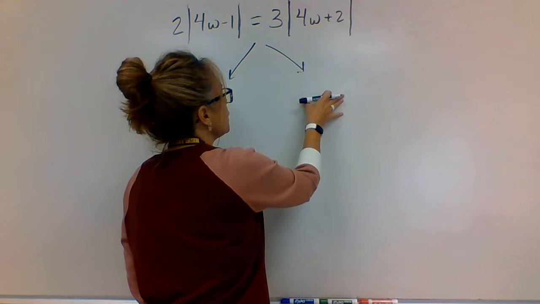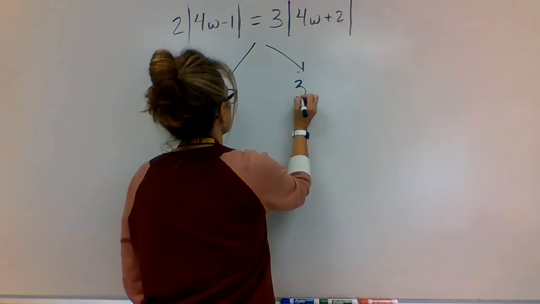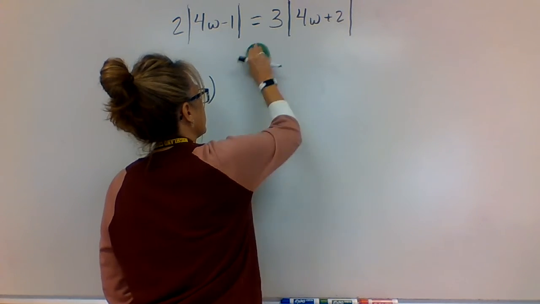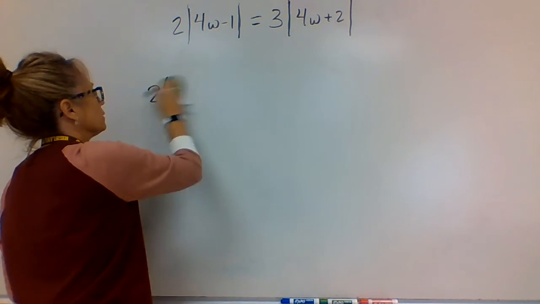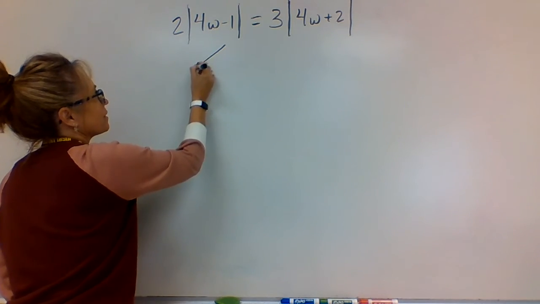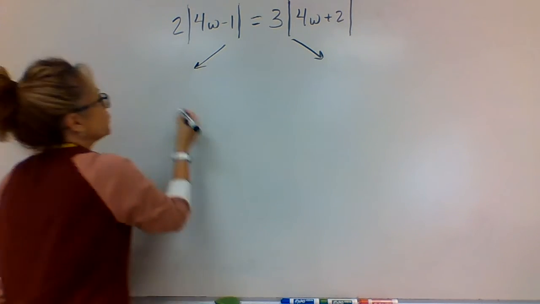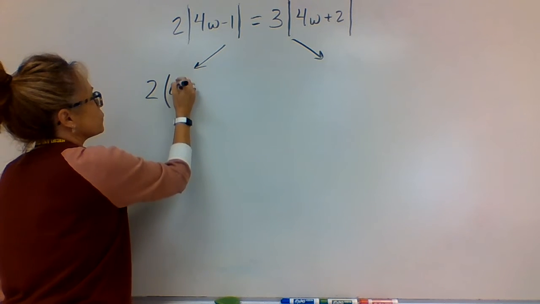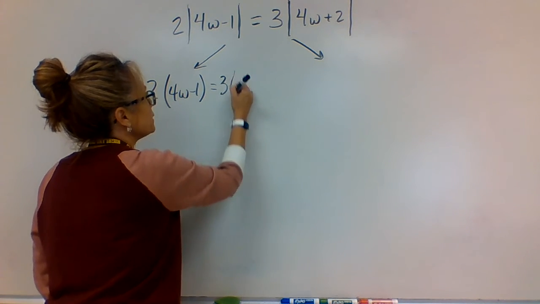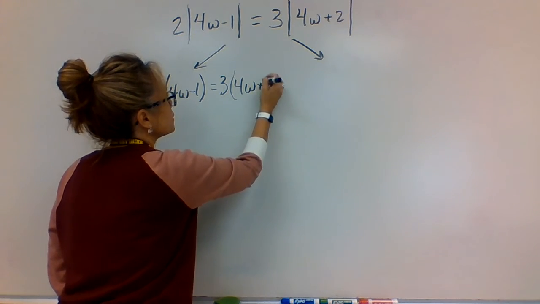Let me draw that a little better, because they take up a lot of room. 2 times 4w minus 1 is going to equal 3 times 4w plus 2.